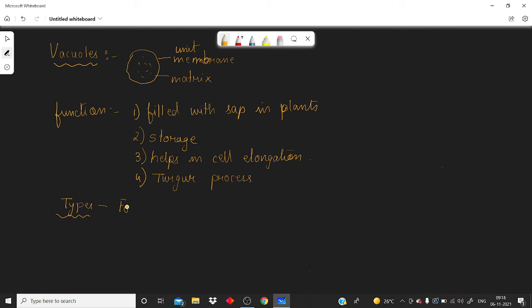Some vacuoles are called food vacuoles. Some will store solid food, like phagosomes, and some will store liquid food, called pinosomes. And there are some gas vacuoles, which will collect the gases that are excreted out, and there are contractile vacuoles.